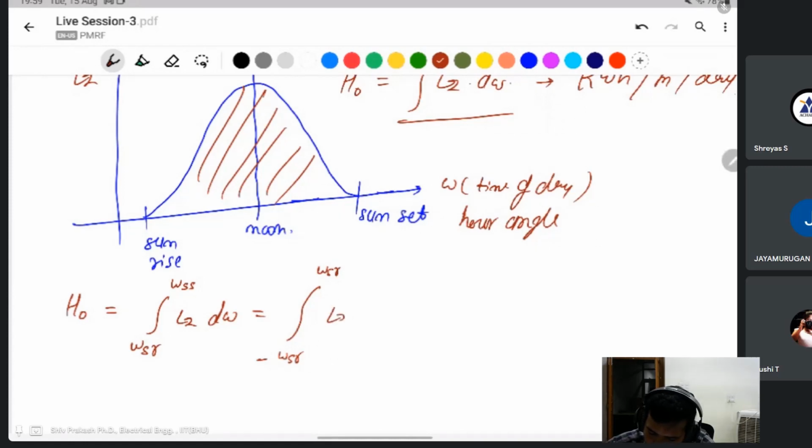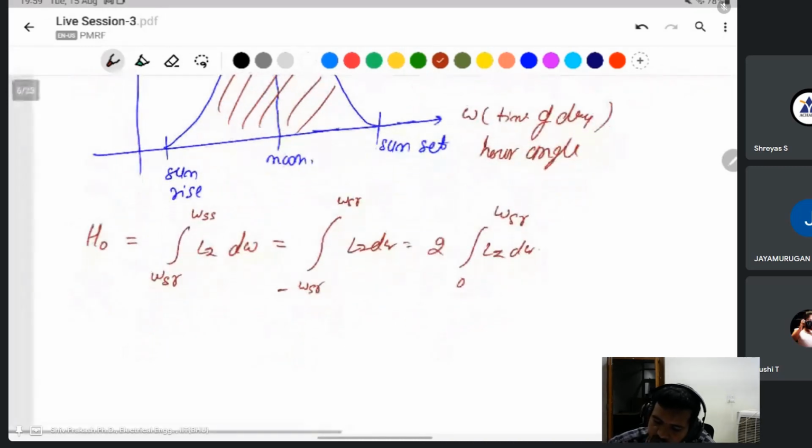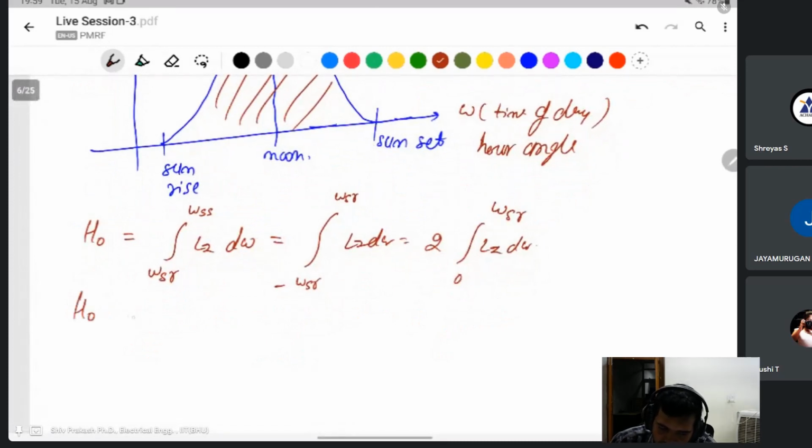You can say this one will be 2 times the integral from 0 to omega SR of Lz into d omega. Put the value of Lz and integrate this one.